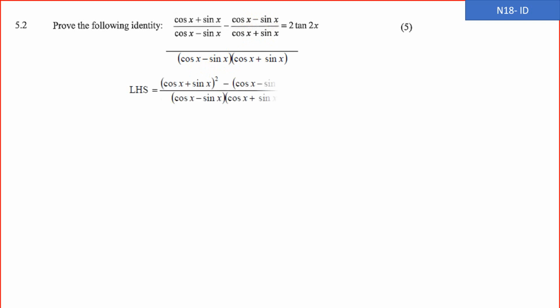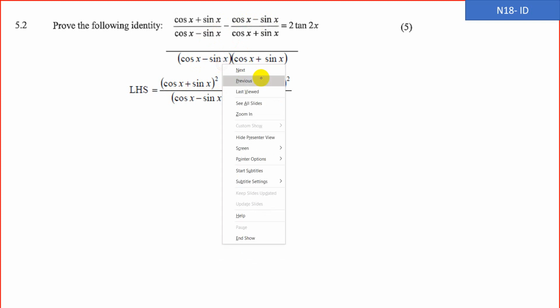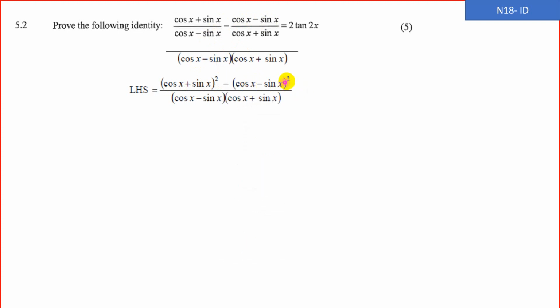So let's repeat that. Here's our common denominator. For the first one, we multiply the numerator by cos x plus sin x, and that will give us cos x plus sin x all squared. Then we take cos x minus sin x and multiply it by cos x minus sin x, and that will give us cos x minus sin x all squared.